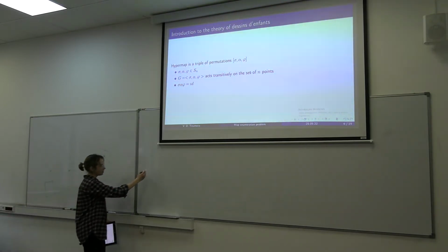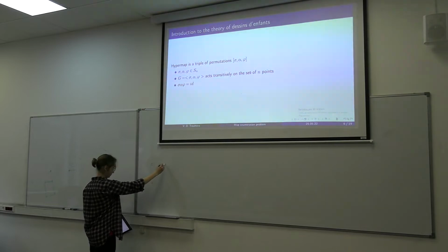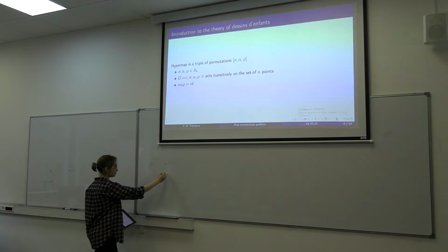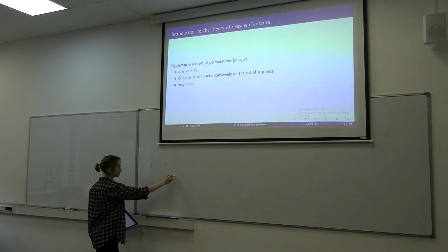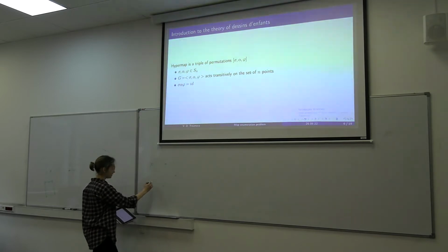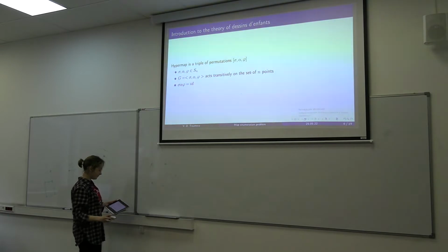So consider this graph. Why don't we say that we have just two permutations? Because, I also thought about this, the last equality determines the third.